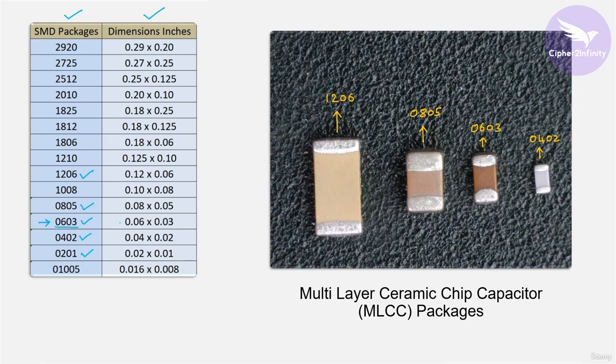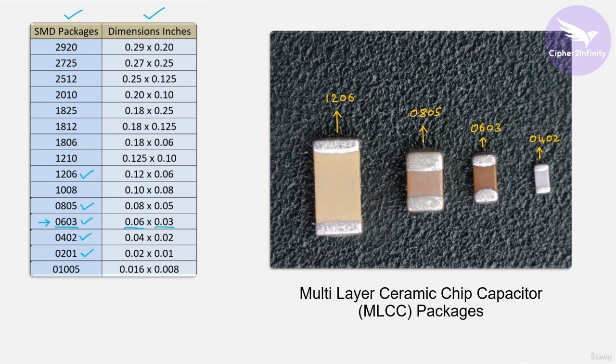When we discussed the SMD resistors, we also discussed the dimensions of SMD resistors. In the same way, in case of SMD capacitors, you can see here they have given the dimensions. For the 0603 package, the length is 0.06 inches and the width is 0.03 inches.